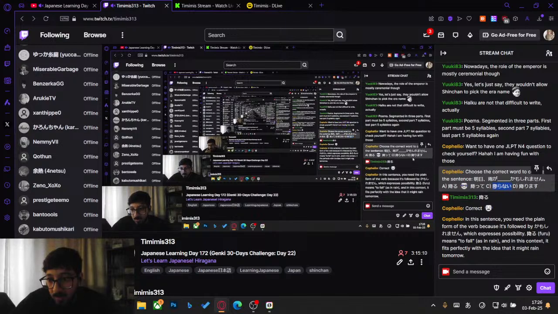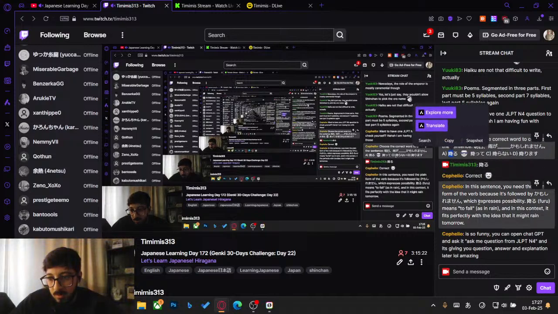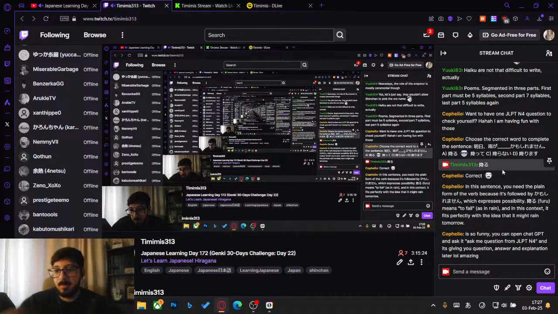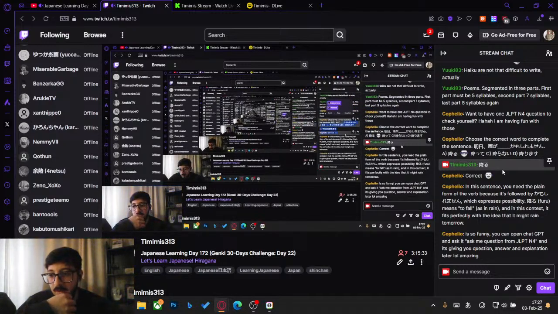Furanai also you cannot because it's a negative form, and you cannot say two negatives. Futte also cannot because of the te form. And furu is the only possible way, followed by kamoshiremasen, which expresses possibility. Furu means to fall as in rain. And in this context, it fits perfectly with the idea that it might rain tomorrow.